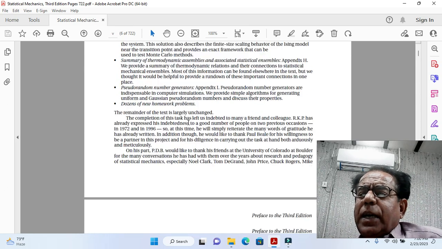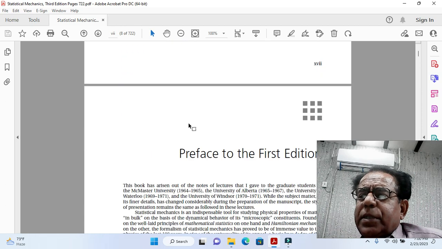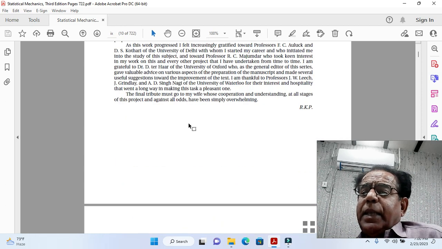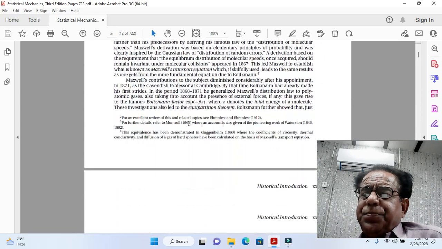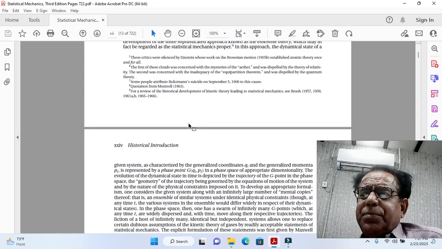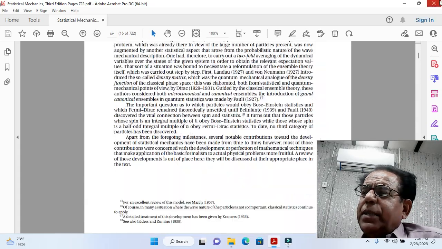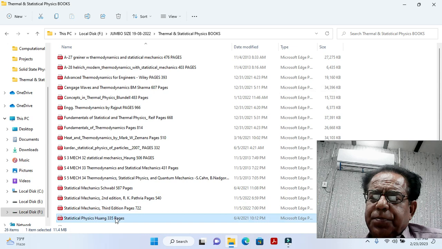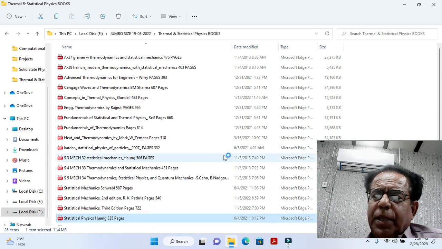Anyhow, I have assumed about this book that it is reliable, authentic, and useful. Anyhow, we move to the next book. However, no doubt this was a good book.